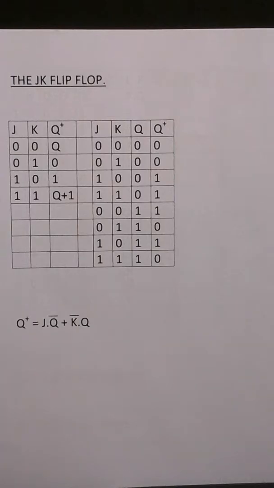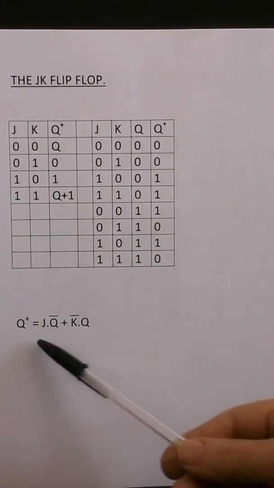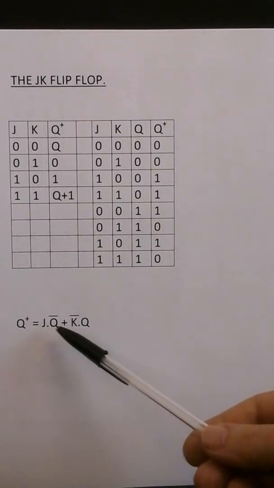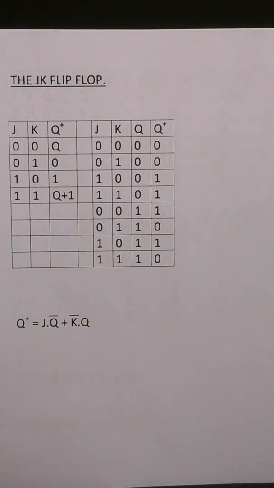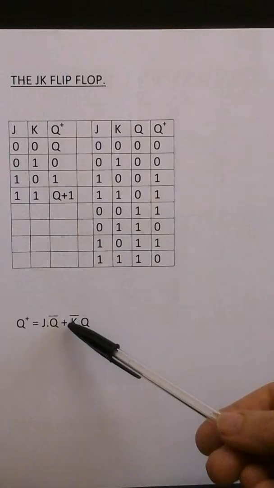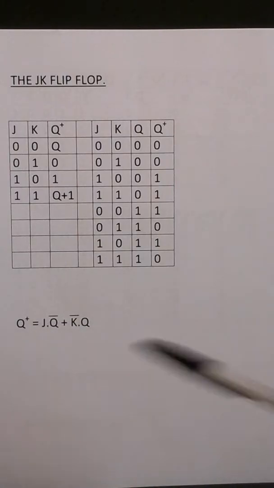So we can derive an equation for Q plus: Q plus equals J and not Q, or not K and Q. Again, for the same reasons, we're trying to develop a base N system, and the not function only exists in the binary world, so we can't use this equation.